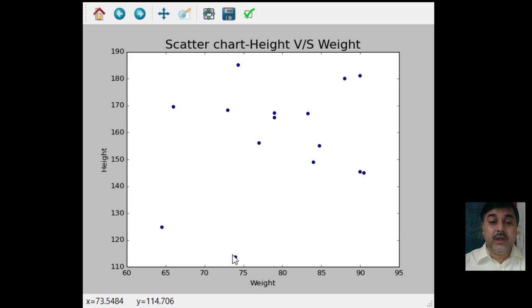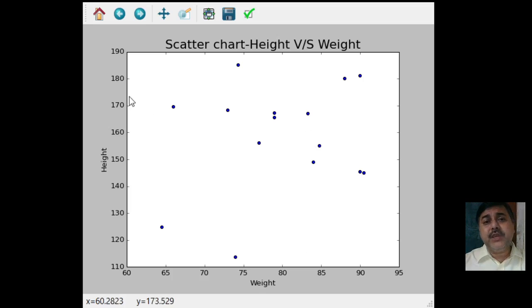They are organized based on the values. So 80.3, see here, and 60. If you join these, you will find a pattern. The dot at 80.7 will come here.